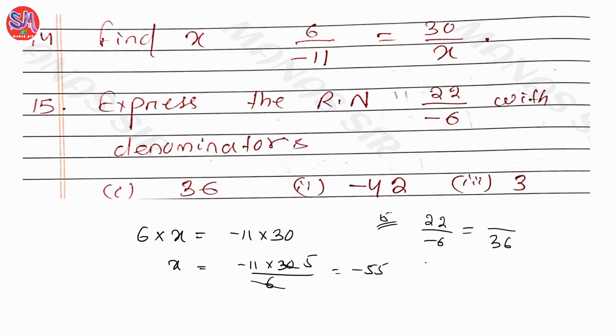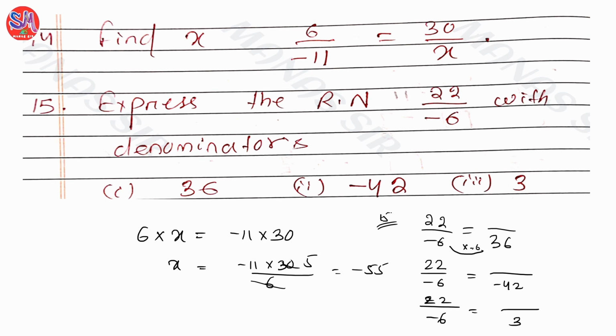And the second one is 22 by minus 6 as denominator, minus 42. Again, 22 by minus 6 as denominator is 3. So how to solve? Now clearly you can see that if you multiply minus 6 with minus 6, then we get 36.